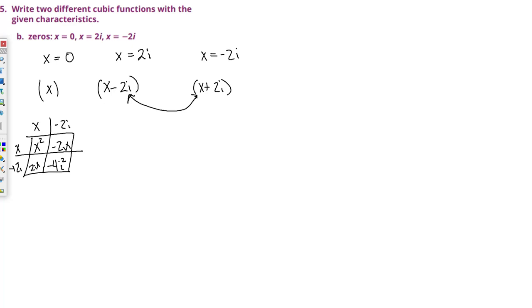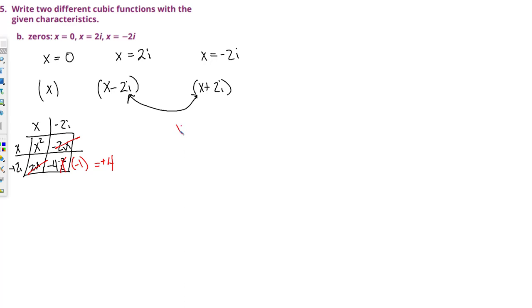What does i squared become? Negative 1. Are you talking about these 2? Oh, yeah. Okay, those 2 do cancel out. The i squared becomes negative 1. So 4 times negative 1 means that section is now a positive 4.